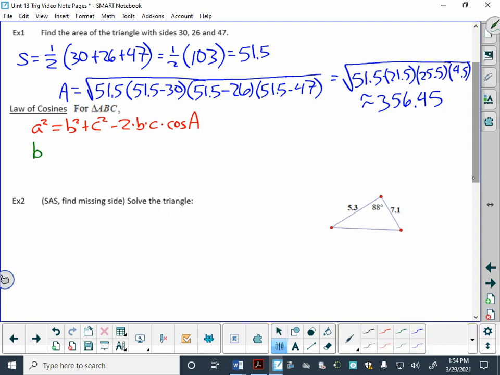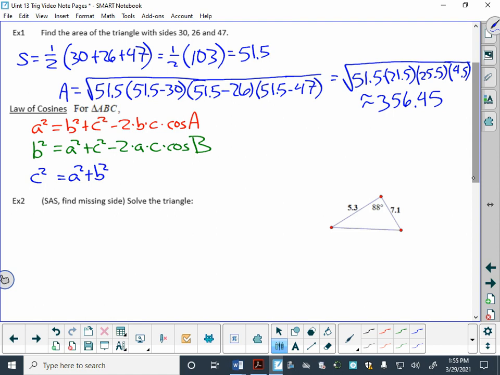Okay. But this is not a right triangle, so any given side is as important as any other one. So we can also look at this as b squared is a squared plus c squared minus 2 times a times c times the cosine of angle B, because we started with side B. Or we can start with side C and say c squared is a squared plus b squared.